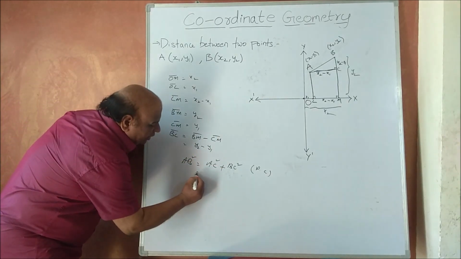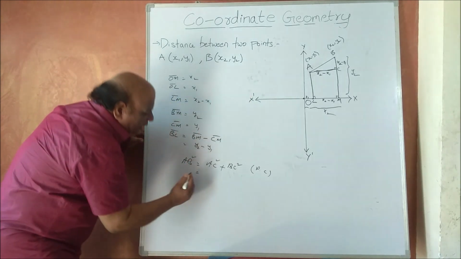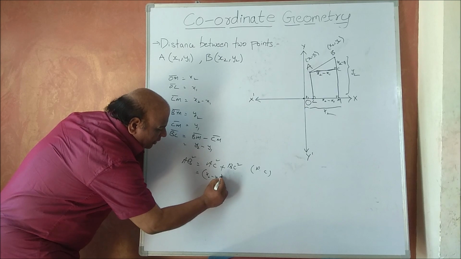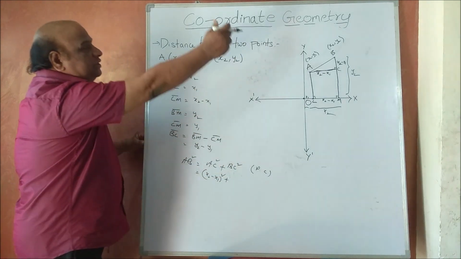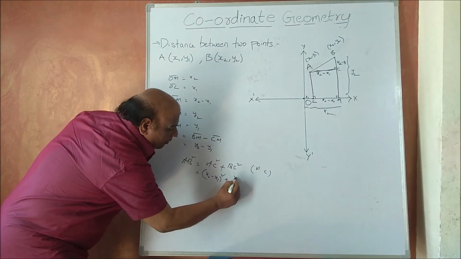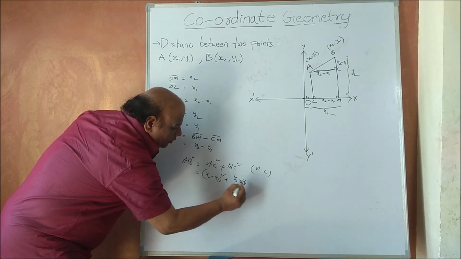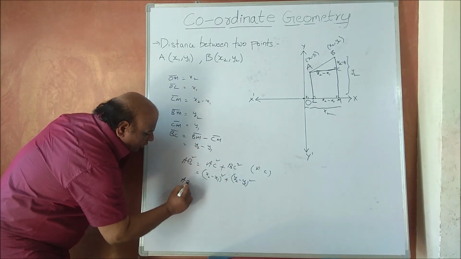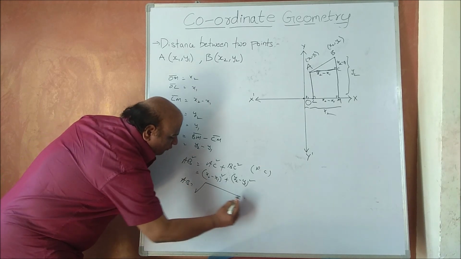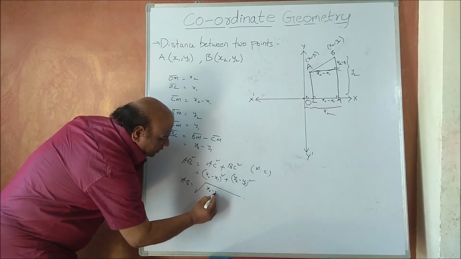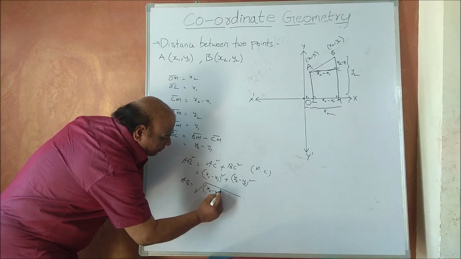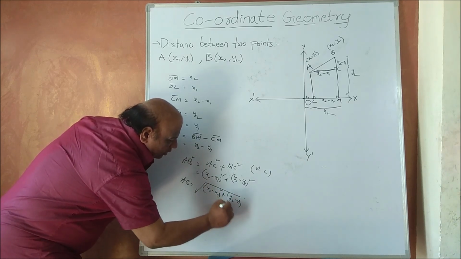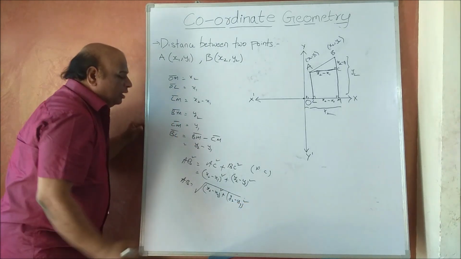We got AC. What is the length of AC? x2 minus x1 whole square, plus BC square means y2 minus y1 whole square. Now AB is equal to root of x2 minus x1 whole square plus y2 minus y1 whole square.